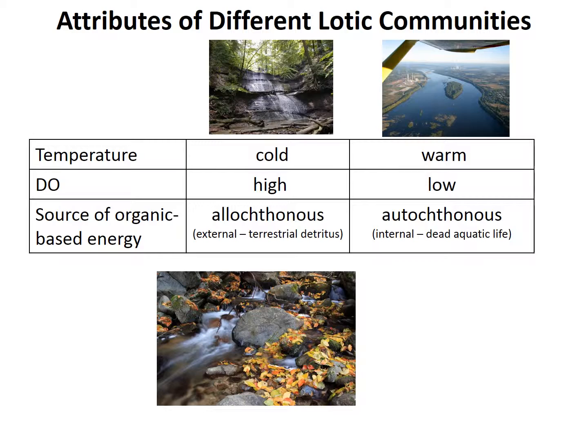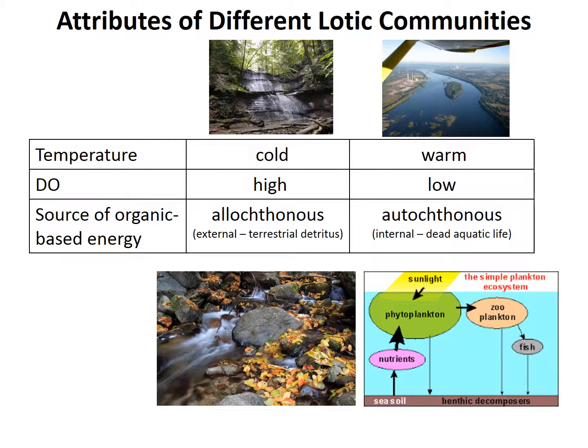In a headwater stream, the source of that organic-based energy is external. It is coming from terrestrial detritus. The trees that are shading that headwater stream are the ones that are able to fix that energy from the sun. And when those leaves fall into the stream, that is the source of organic-based energy that a variety of different critters are shredding up and making available to the rest of the food chain.